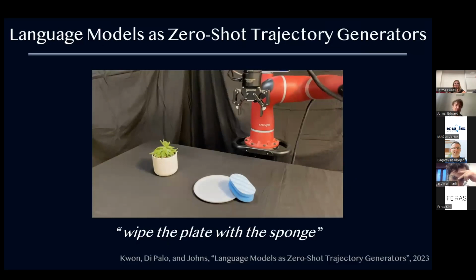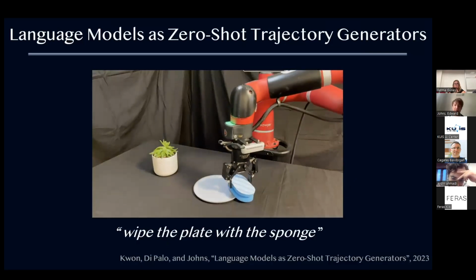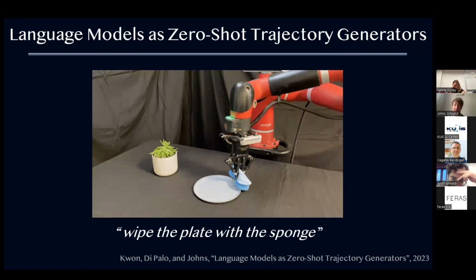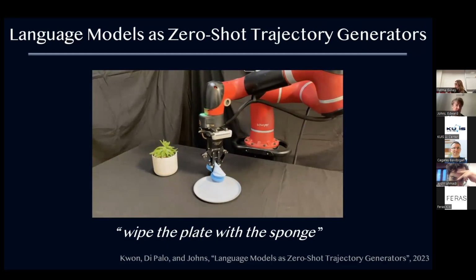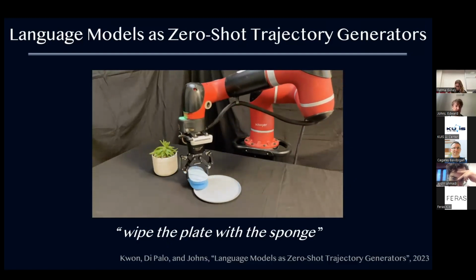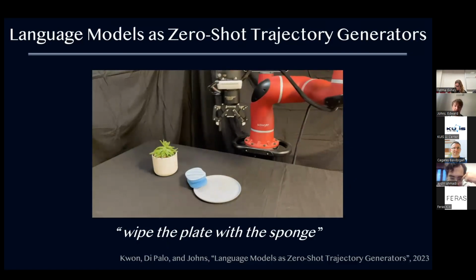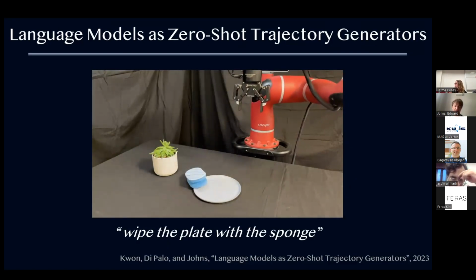What we want GPT to do is to figure out how to predict this sequence of poses for the end effector to move through in order to wipe the plate with the sponge. So we're studying the internal abilities of GPT to assess how good it is at solving more complex robotics tasks, and really studying the internal knowledge about robotics that GPT has.